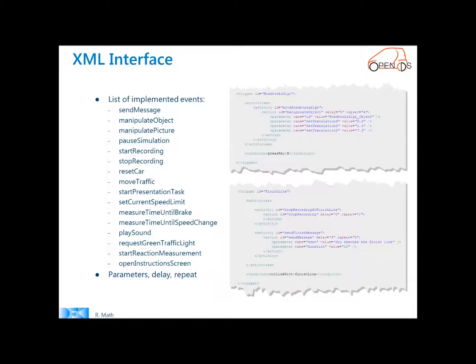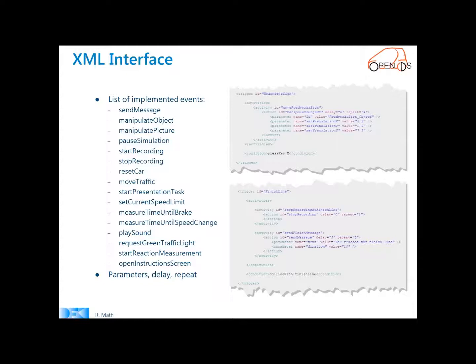Here's just a short list of the available events. Maybe I just name a few. We have the send message event, where you could show some instructions to the participant. All the events can, by the way, be triggered with a key press or when the driving car reaches a certain position.